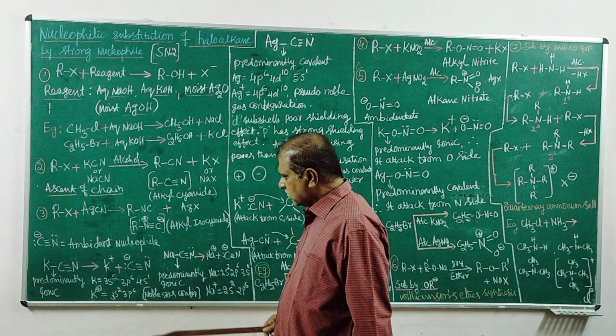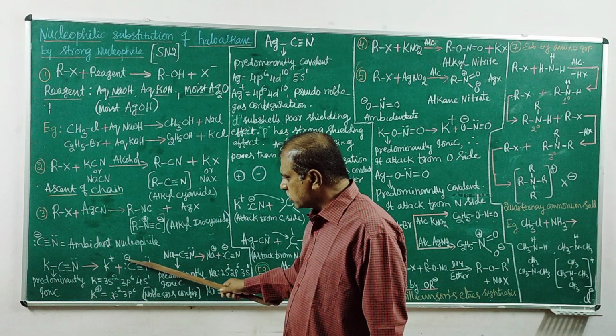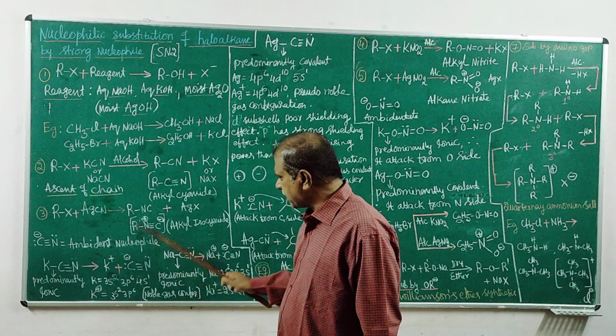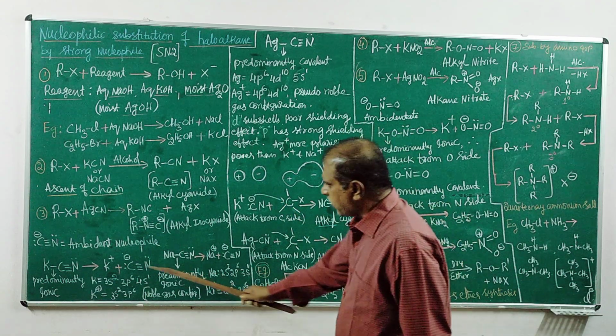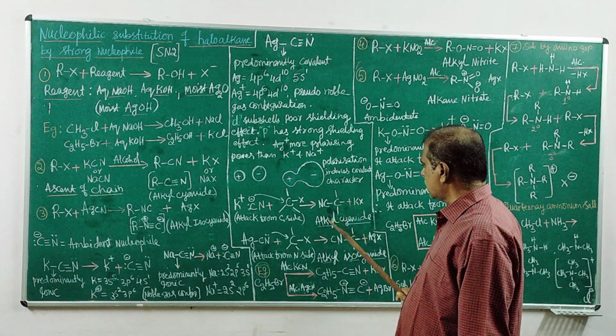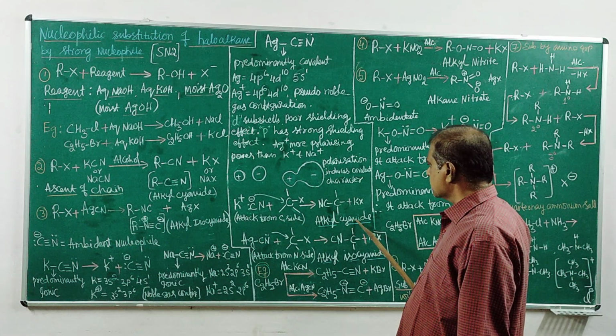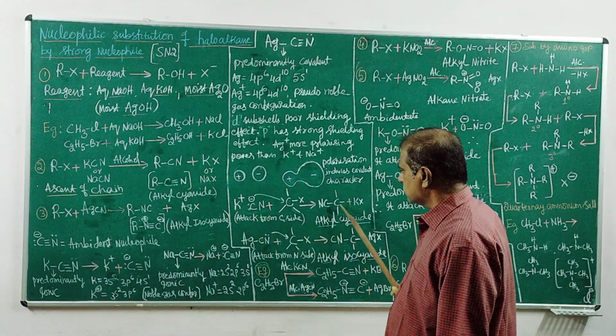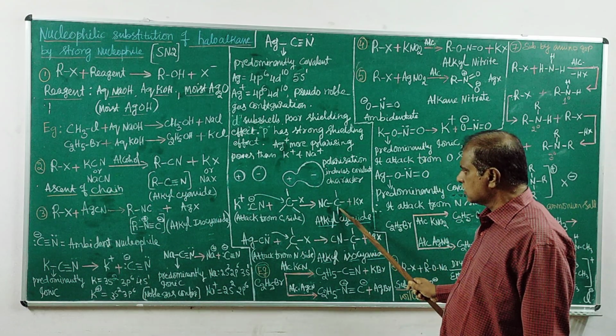But when this is the stronger nucleophile than this, this ion is isolated and can attack this and bond through C, giving the CN product, that is alkyl cyanide formation. Just like this, alkyl cyanide formation.